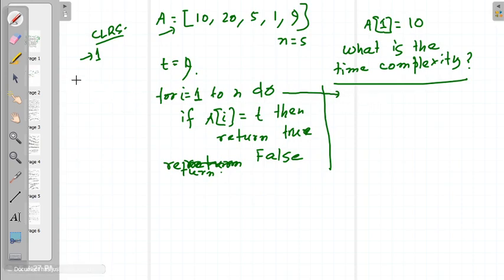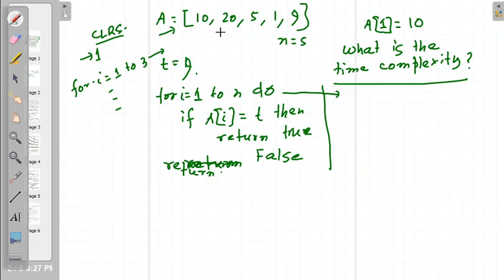Say this for i equals 1, 2, 3. Can anybody say how many times this statement only will be executed? Will it be 3 times, or 2 times, or 4 times or 5 times?